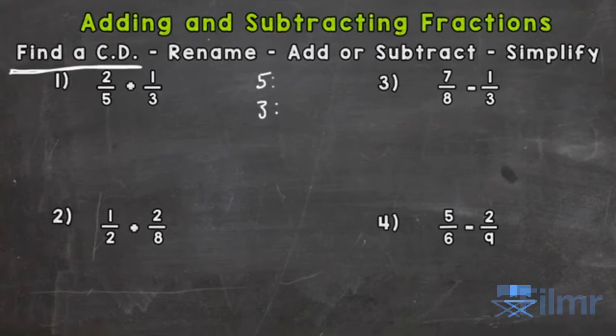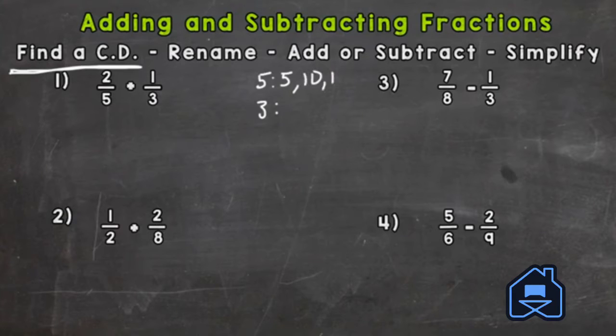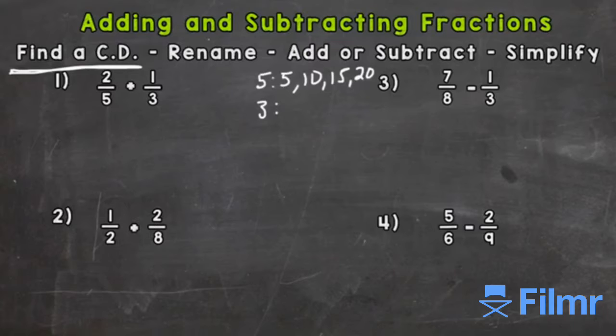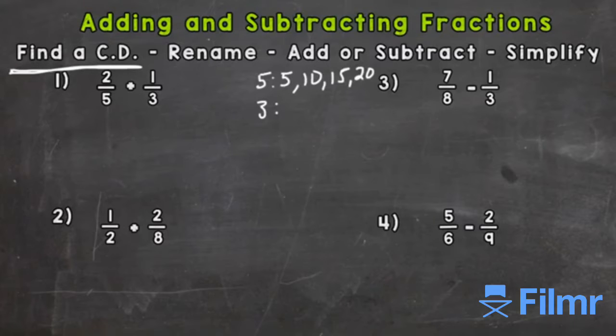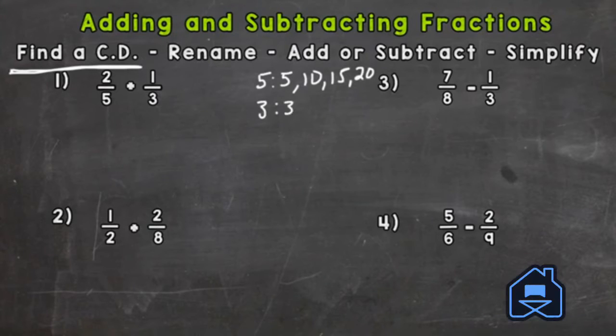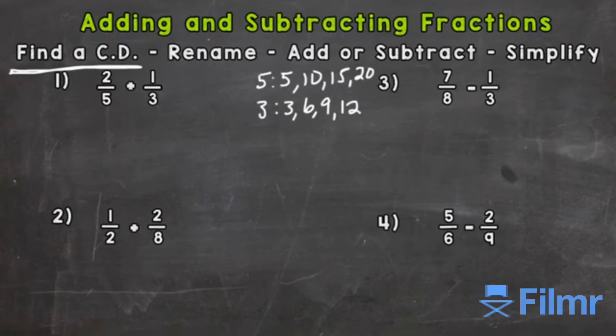So let's write out the multiples of 5, and that's just counting up by 5, all the numbers that 5 will multiply into. So 5 times 1 is 5, 10, 15, and 20. Now that list will go on forever, so my suggestion would be to write out 3 or 4 at a time, and if you don't get a match, then you can extend your lists. So 3, we'll go 3, 6, 9, 12.